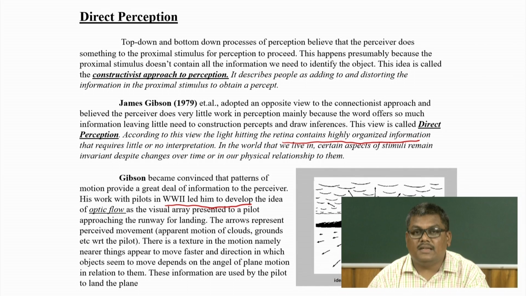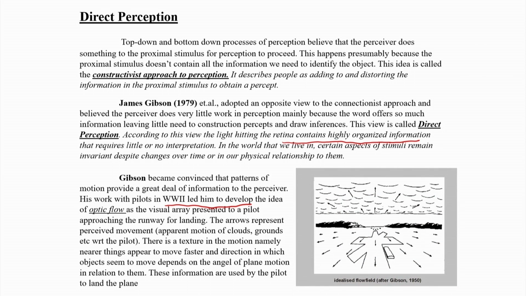In a number of experiments with pilots who were in training and landing planes, Gibson explained that when the pilot looks out of his windshield, he gets enough information from the approaching environment: the texture, the structure, the kind of movement, the ground movement, the ground color. All this information was enough to tell the pilot how to land the plane.